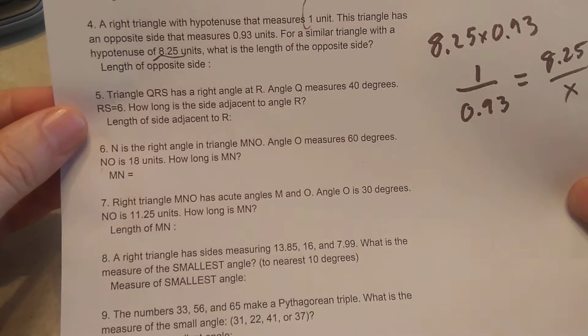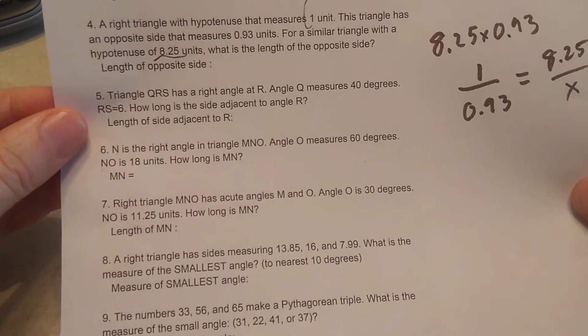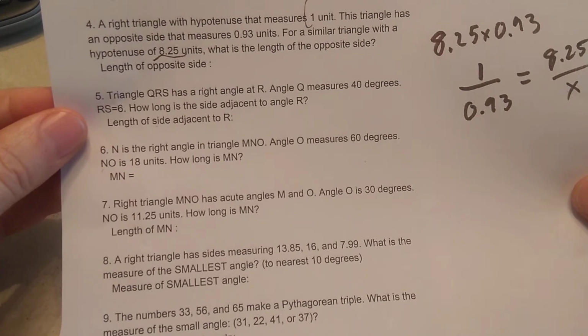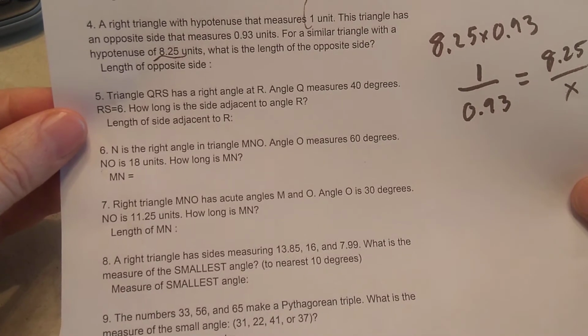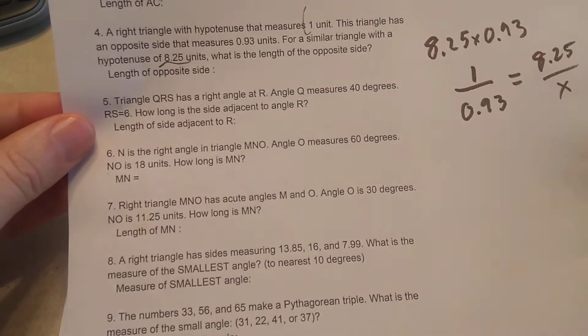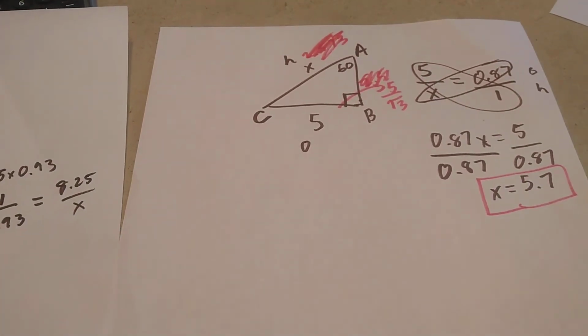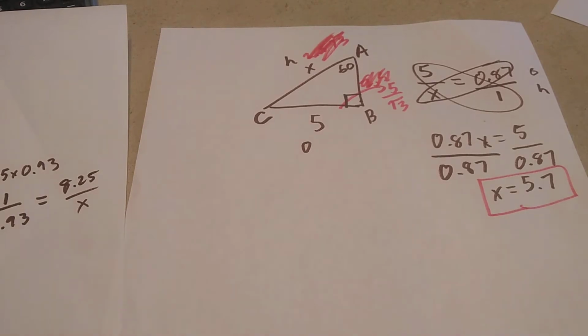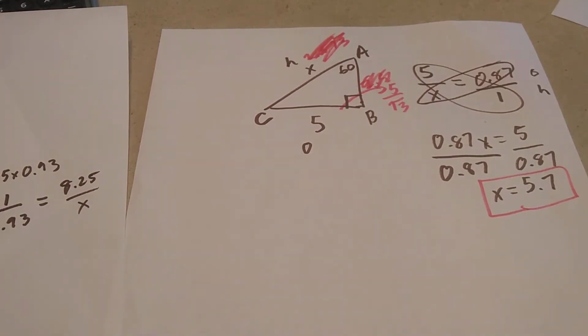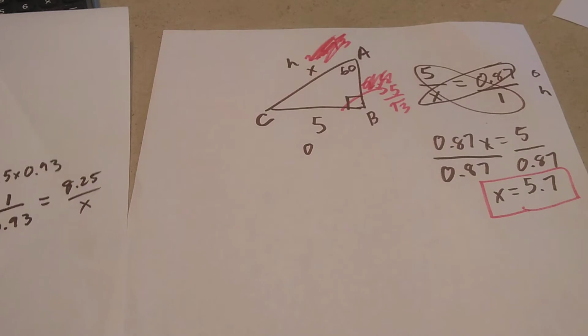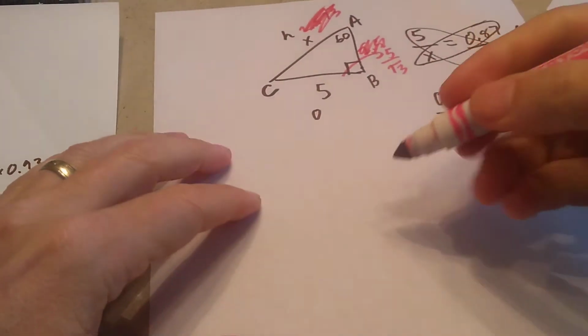Okay, next one. Triangle QRS has a right angle R. Angle Q measures 40 degrees. RS equals 6. How long is the side adjacent to angle R? Okay, so let's look at that. I'm wondering if this is, oh, there's a typo there. I got to fix that.